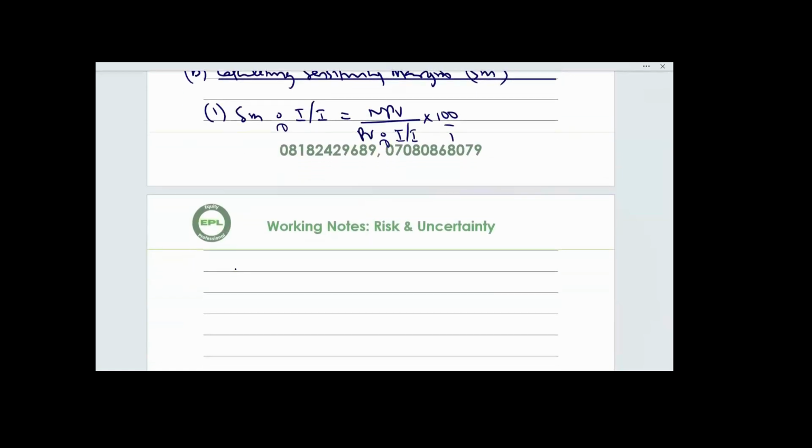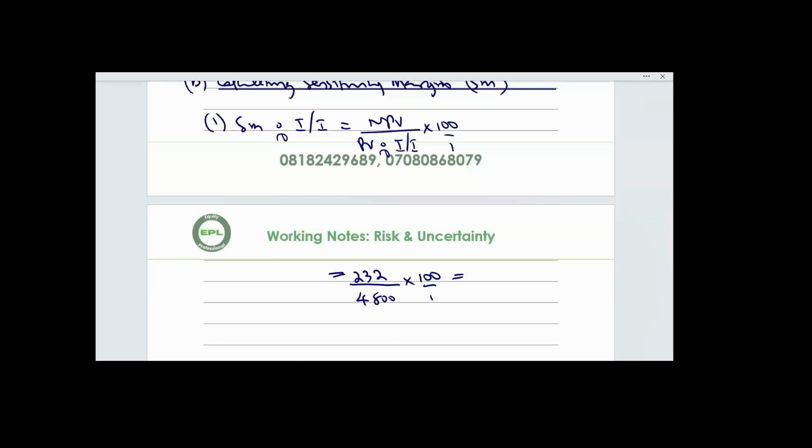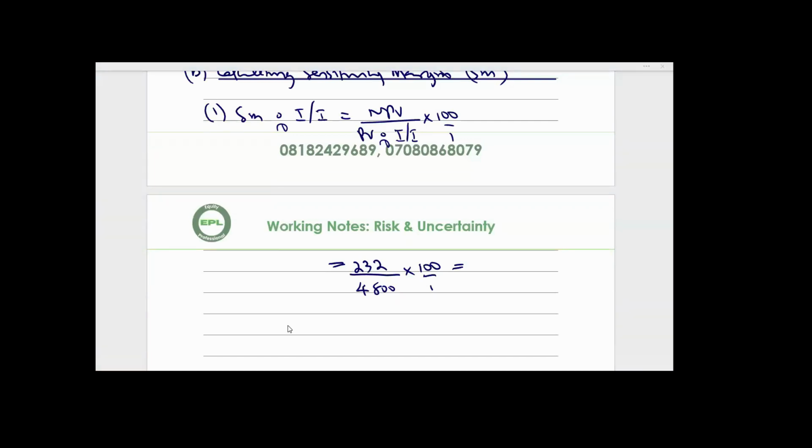In this case, the NPV is 232 and the PV of initial investment is 4,800. So I have 232 divided by 4,800 multiplied by 100. That's 4.8%.